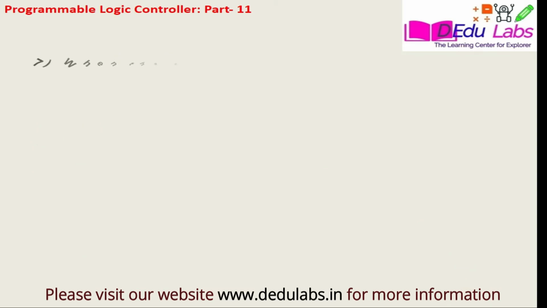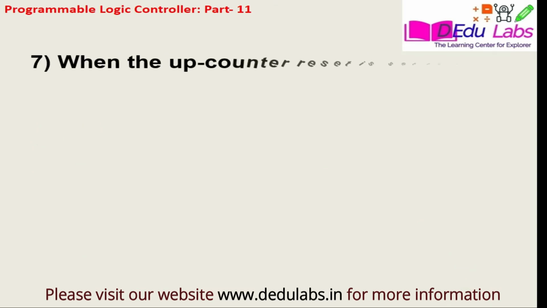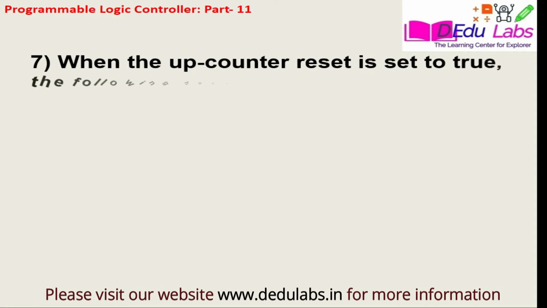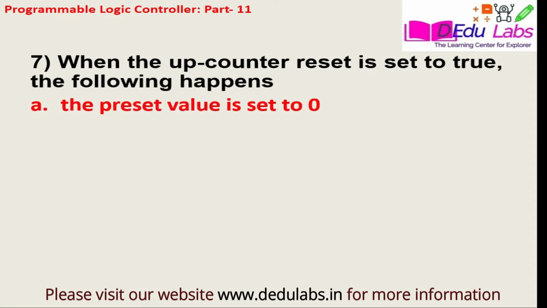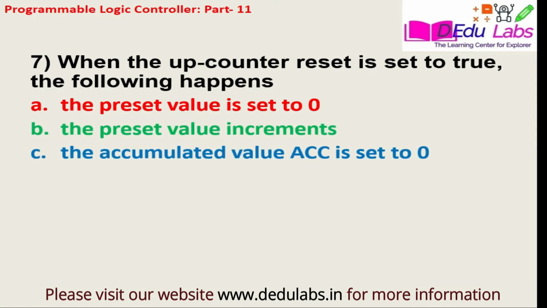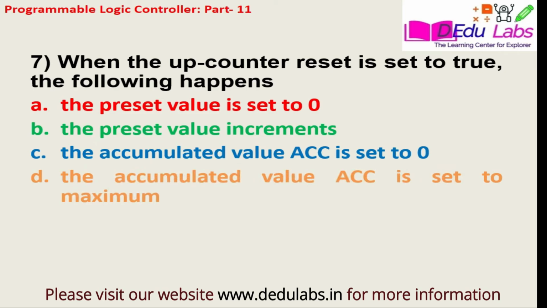Question number 7. When the up counter reset is set to true, the following happens. Option A, the preset value is set to 0. Option B, the preset value increments. Option C, the accumulated value ACC is set to 0.